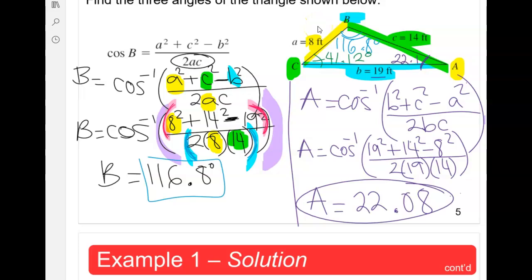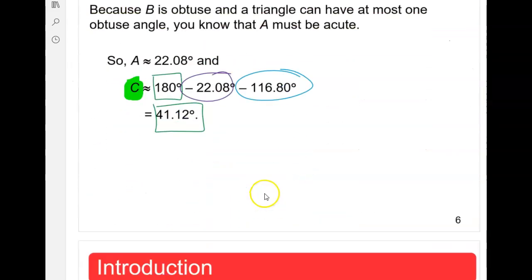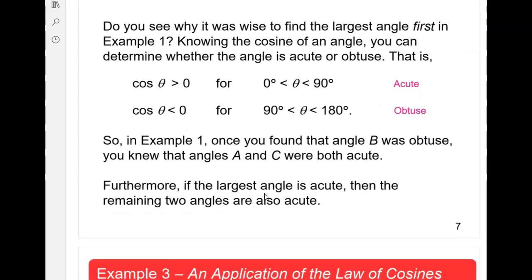And then lastly, the side that is in the middle, if we compare them in terms of measurements, is 14, side C, and that is opposite to the angle with the measurement that is also in the middle, 41.12. So that is not a coincidence. That always happens that way.